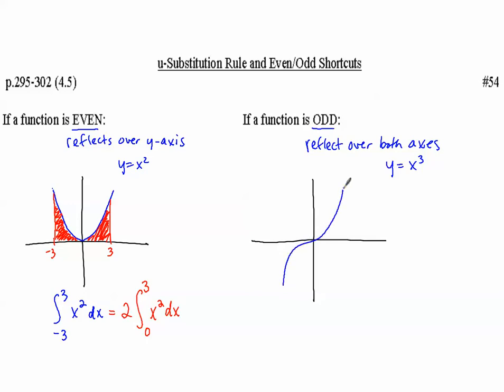So if we're taking, for example, the integral from -3 to 3 of x cubed dx, that means from here to here, I'm finding the net area of what's bound between the function and the x-axis. So that's going to be this area in here. Well, remember, those are exactly the same areas, so they cancel out, and it's just 0.